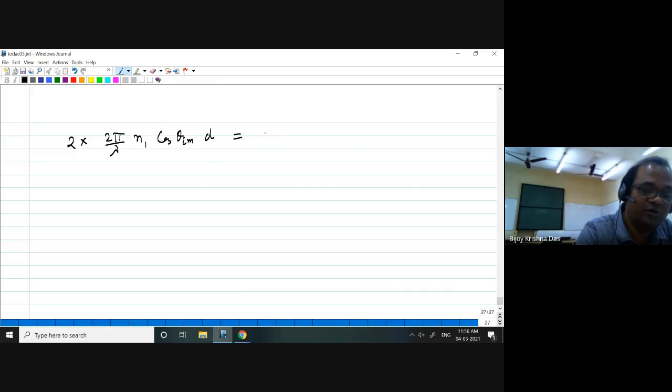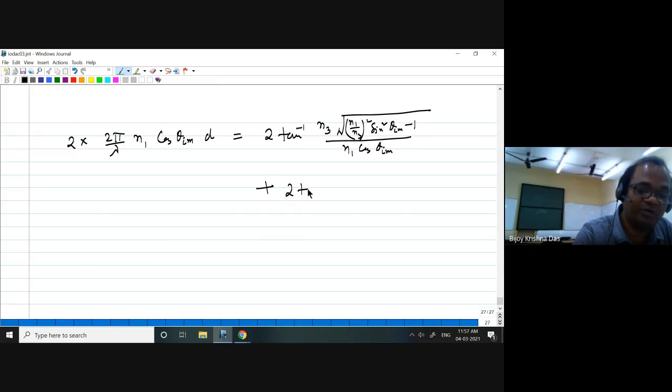That should be equal to 2 times tan inverse, say n3 square root of n1 by n3 square sine square theta im minus 1 divided by n1 cos theta im, okay, plus on the right hand side I am putting 2 times tan inverse n2 square root of n1 by n2 square sine square theta im minus 1 divided by n1 cos theta im plus 2m pi.